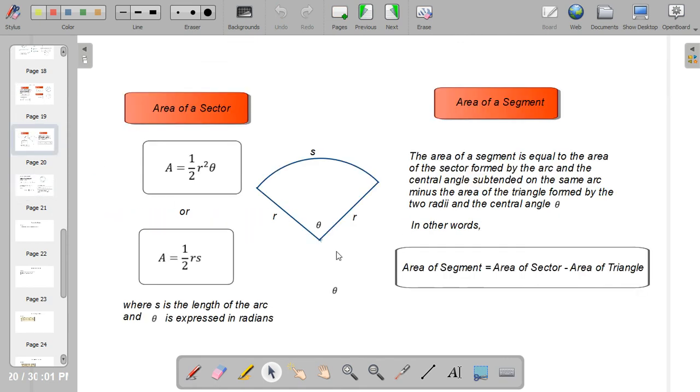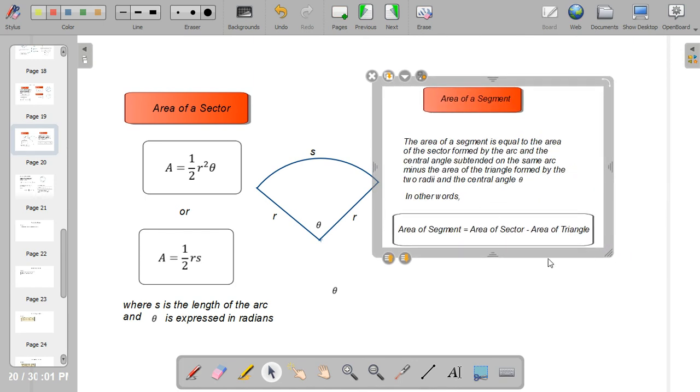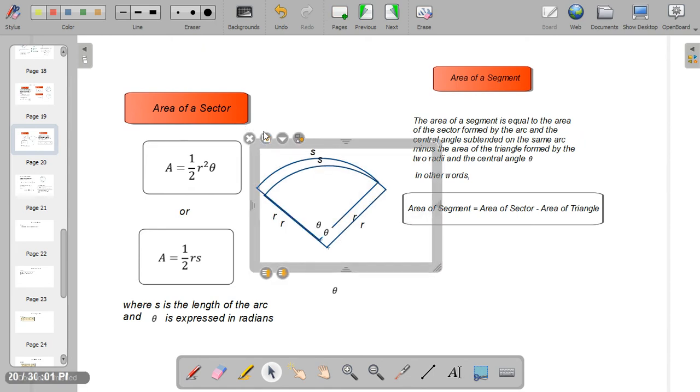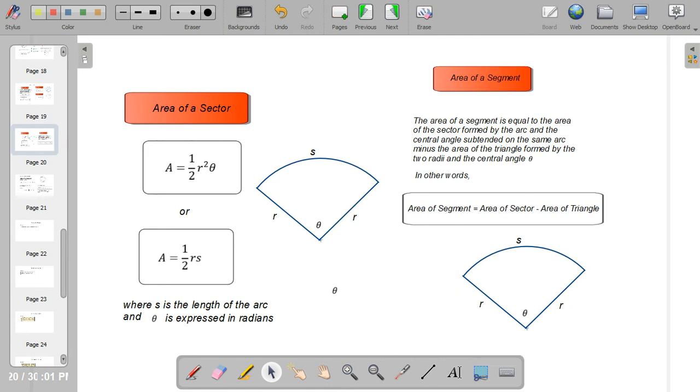Okay, so if this is your sector, let's take this as an example. Let's say this is your segment, class. So you're trying to get this segment.